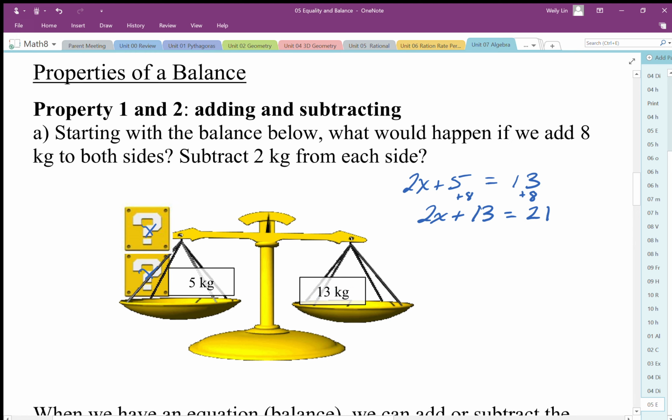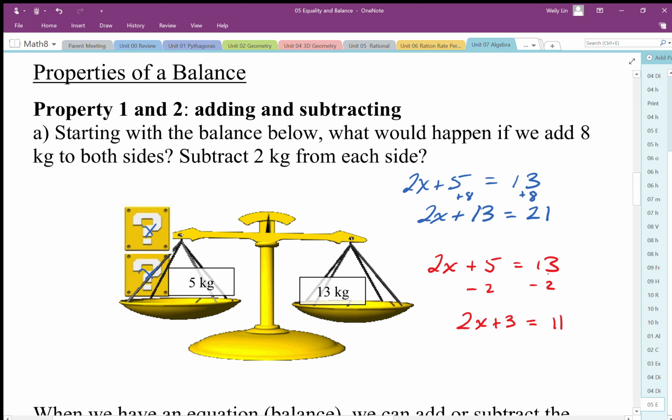If I start with the same balance, 2 unknown boxes plus 5 kilograms equals 13 kilograms, and I subtract 2 kilograms from both sides, what I'm going to end up with is still these two boxes. Instead of 5 kilograms, I'm going to have 3 kilograms on this side and 11 kilograms on this side.